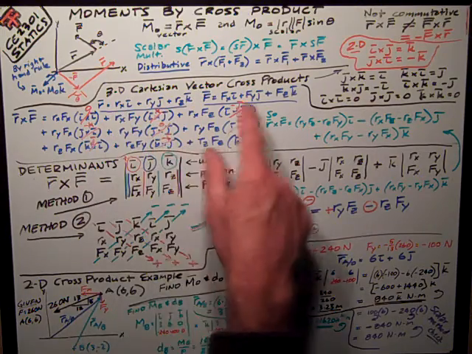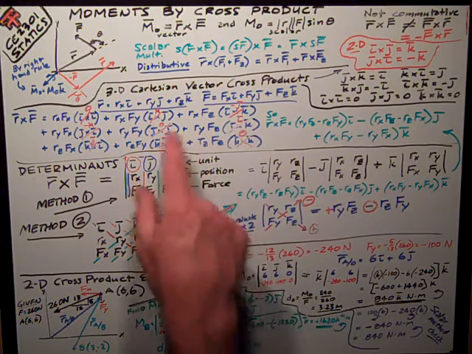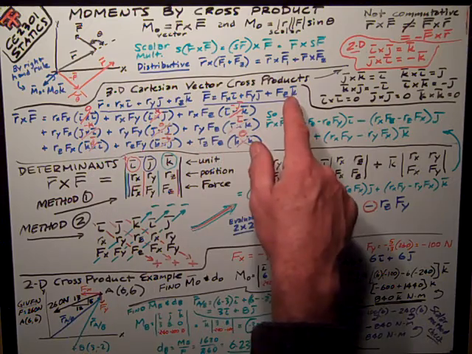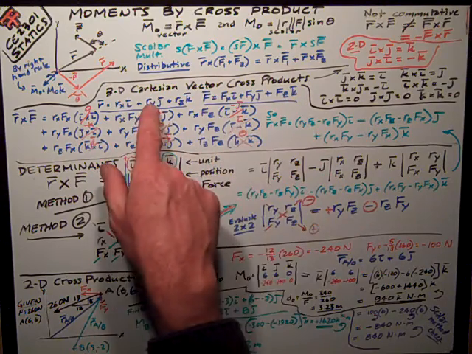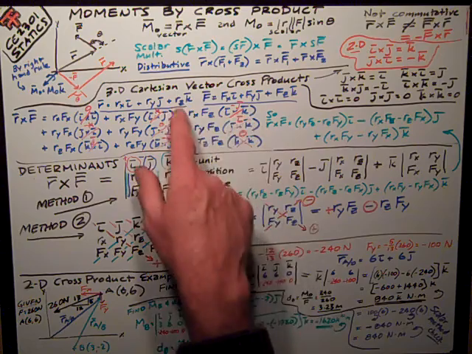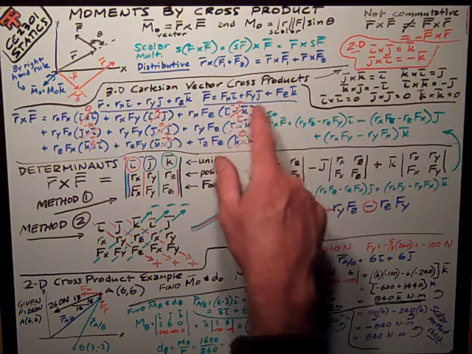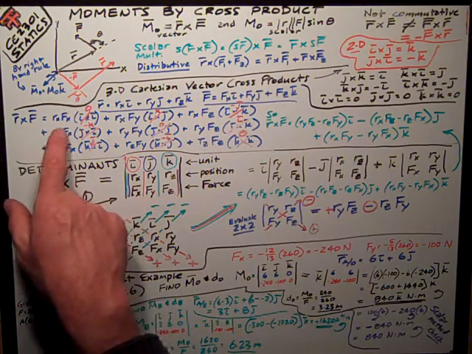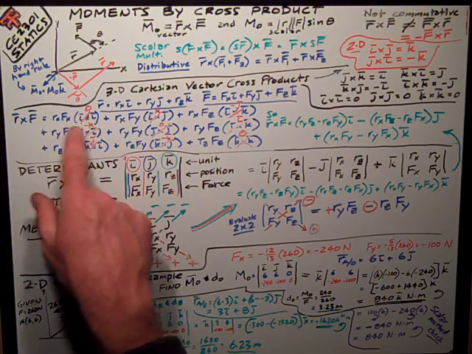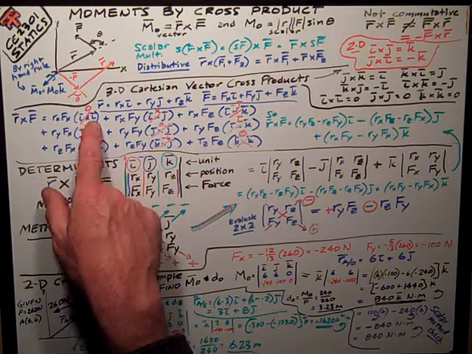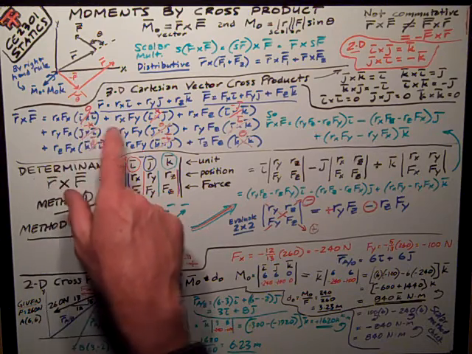I have a 3 by 3 grid. Rx has to cross with all those f terms. Ry has to cross with all 3 f terms. Rz has to cross with all 3 f terms. And so I just write it all out like this. Rx fx, i cross i, that's equal to 0.